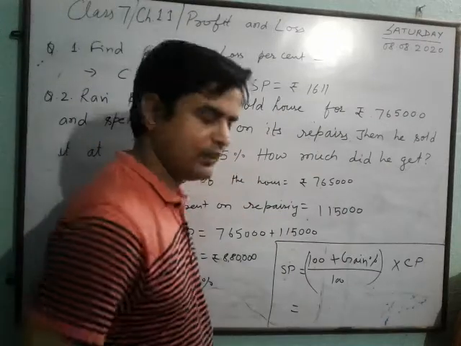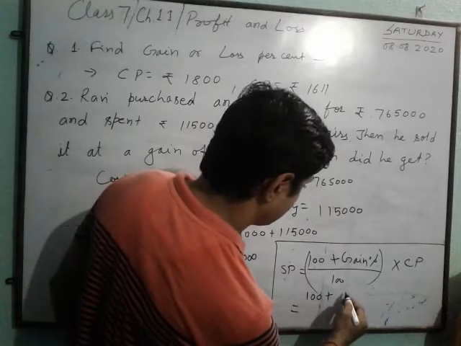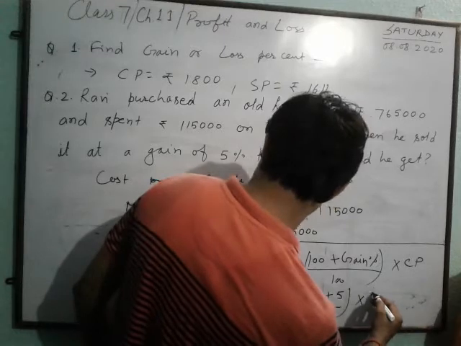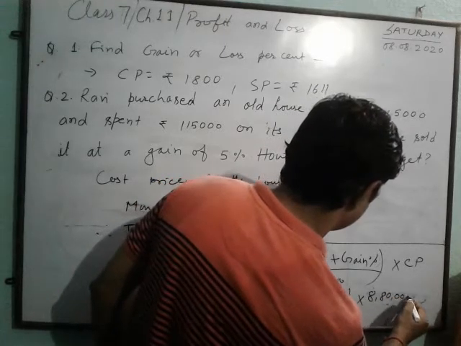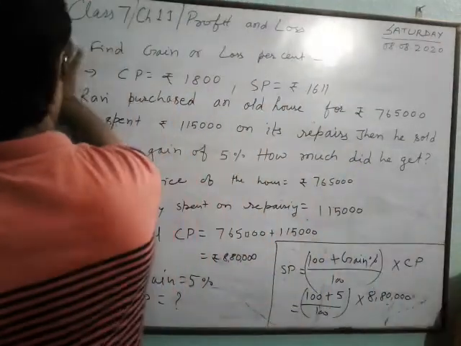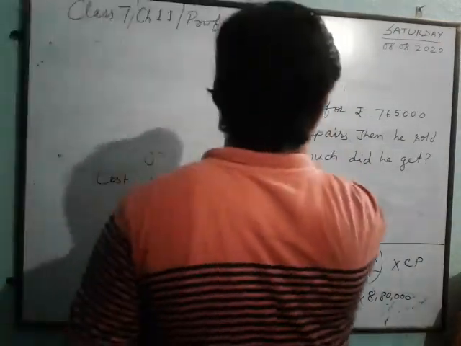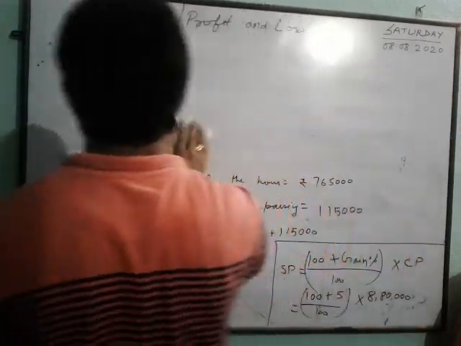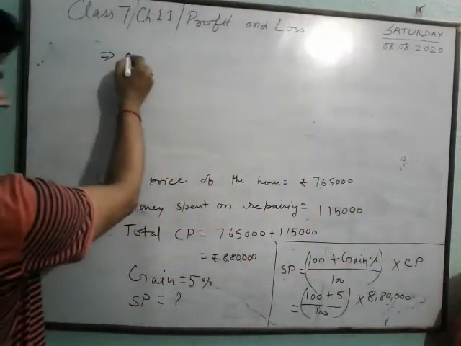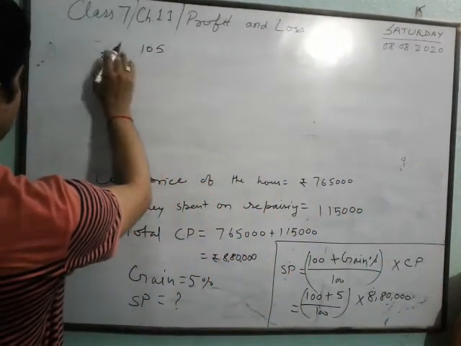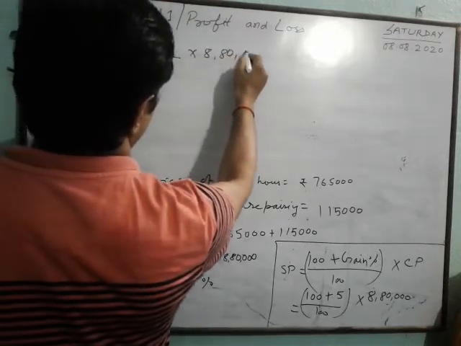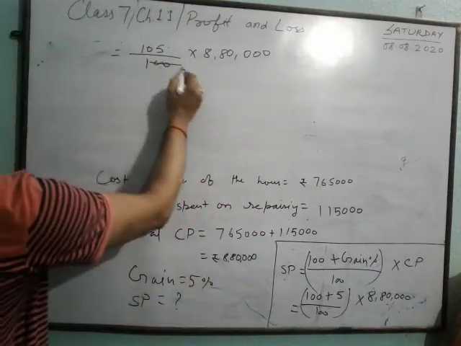And now put the value: 100 plus gain percent is 105 by 100 multiplied by CP. CP is 8,80,000. Eight lakh 80,000. 00 cancel.